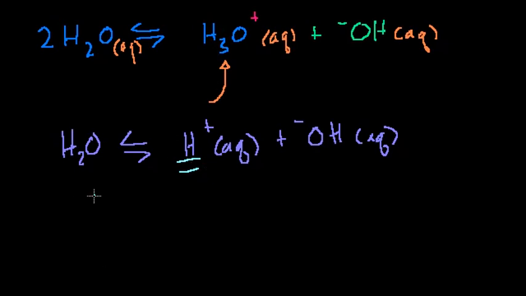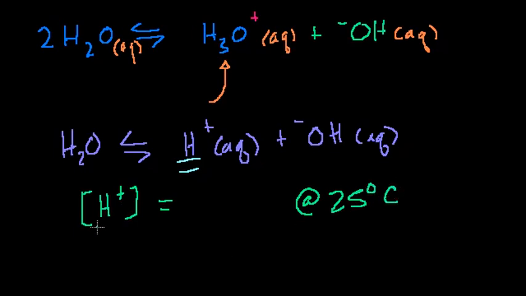So people really care about the concentration of hydrogen, of your hydrogen ions. And we learned in the last video that pure water at 25 degrees Celsius, which is room temperature, so let me write that. At 25 degrees Celsius, the concentration of your hydrogen protons, because that's really what they are, or hydrogen ions, is 10 to the minus 7 molar. And then we even said, chemists for whatever reason don't like dealing with negative exponents.